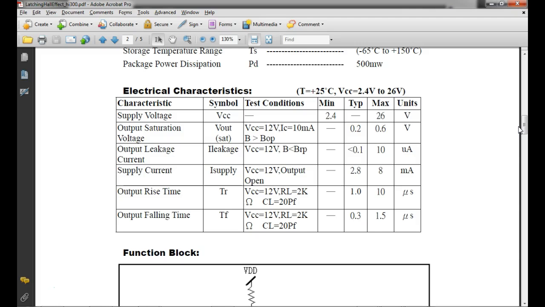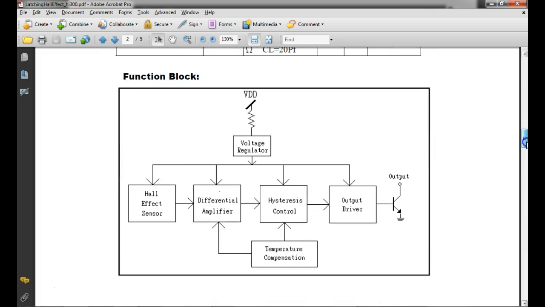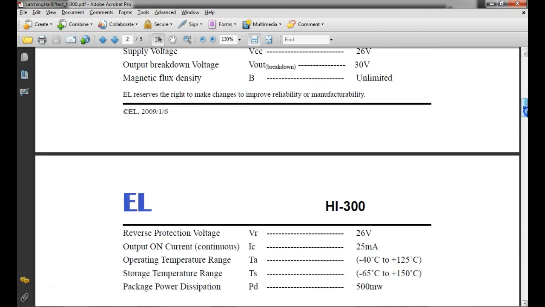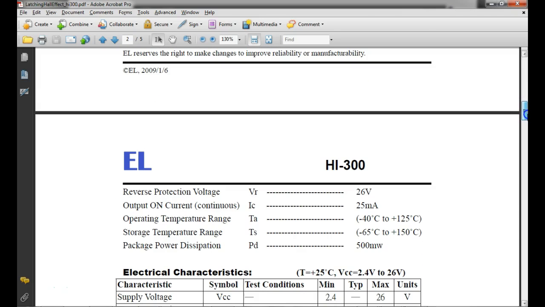Supply voltage, output saturation voltage, output leakage current, supply current. This is at 10 volts. It's 2.8. See if it's down here. Oh, there it is right there.